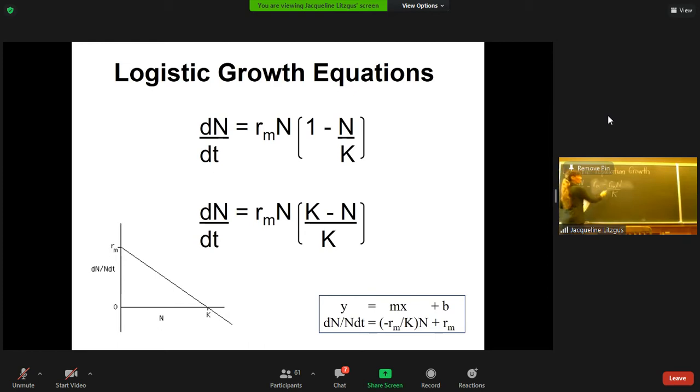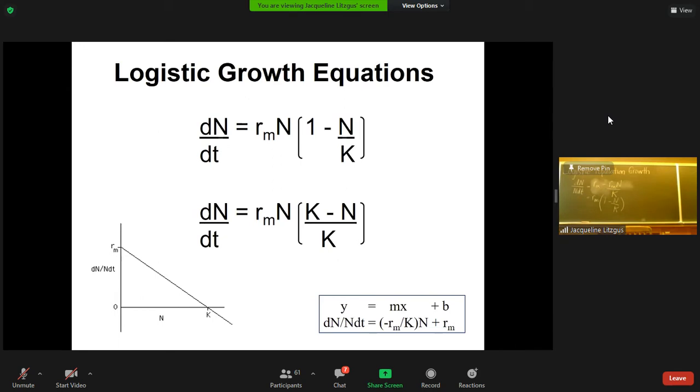Rm is common to both parts of that right-hand side of the equation, right? So we can factor out that Rm part. So it's going to be Rm times 1 minus N over K. I've simply factored out that Rm value.